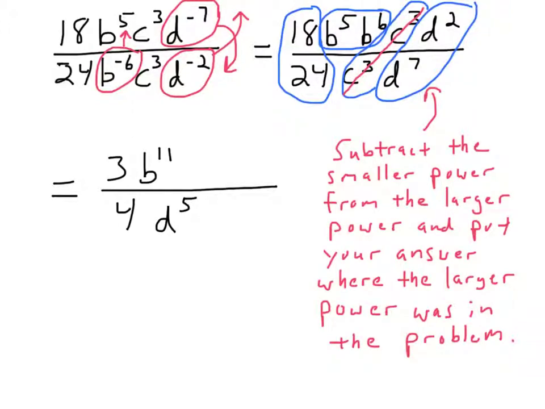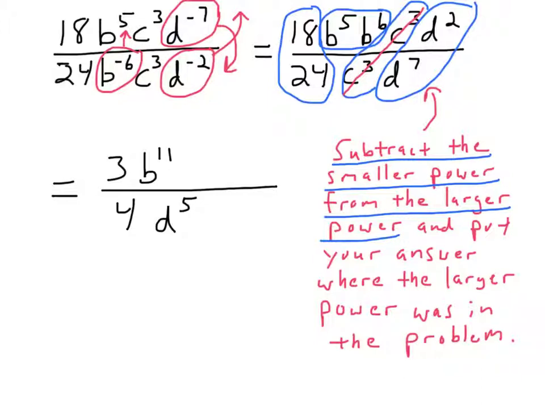Now let me highlight that again because that's really important. We subtract the smaller power from the larger power. That'll give us a positive answer because remember, we're trying to eliminate any negative exponents. By subtracting the smaller from the larger, we'll automatically get a positive exponent.